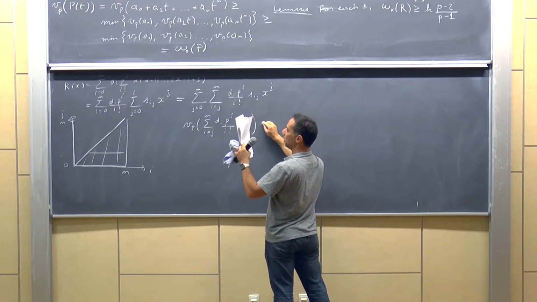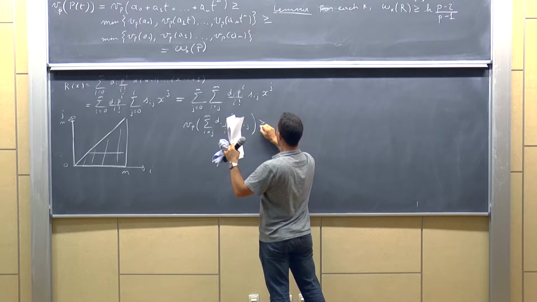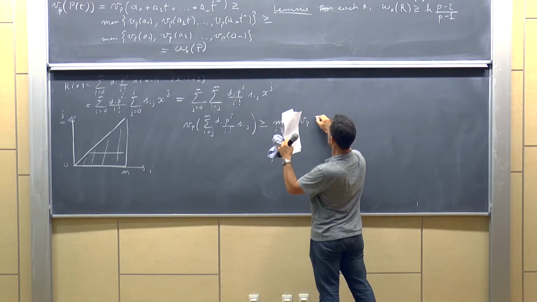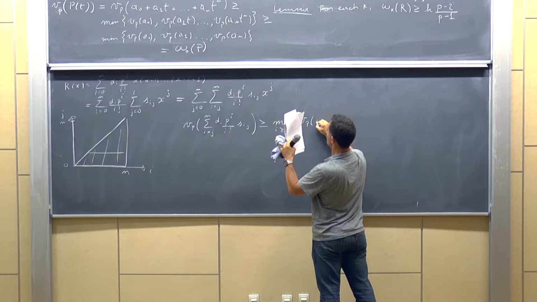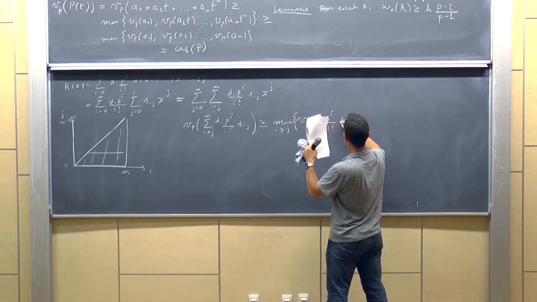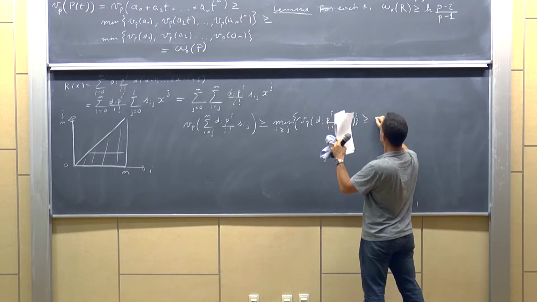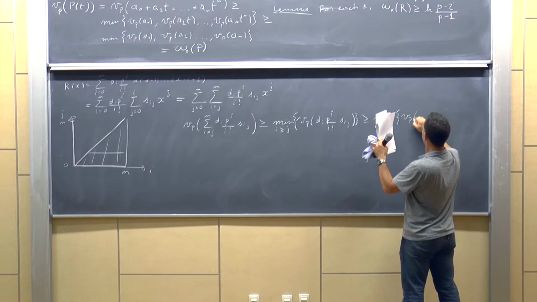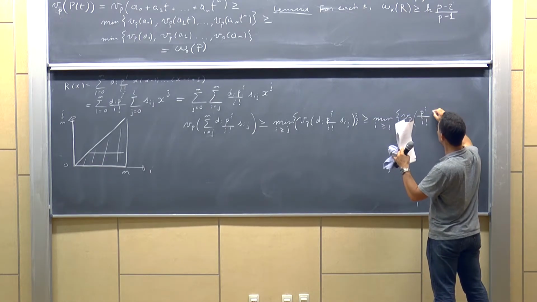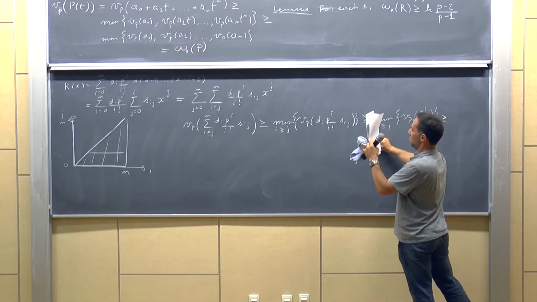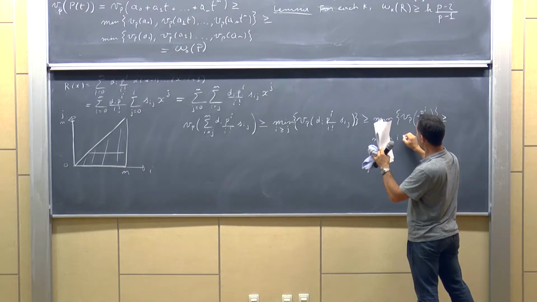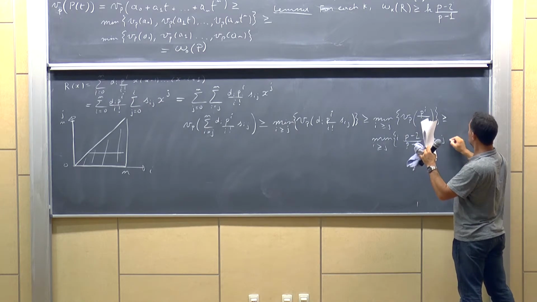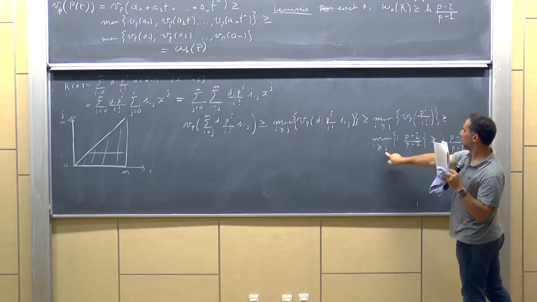And I'm claiming that this is greater or equal to the minimum over i greater or equal to j of the valuation of d_i p to the i over i factorial S_ij, which is greater or equal to the minimum over i greater or equal to j, dropping the S_ij, of the valuation of p to the i over i factorial, which is greater or equal to the minimum over i greater or equal to j of i times (p minus 2) over (p minus 1), which is greater or equal to j times (p minus 2) over (p minus 1), because this is for i greater or equal to j.